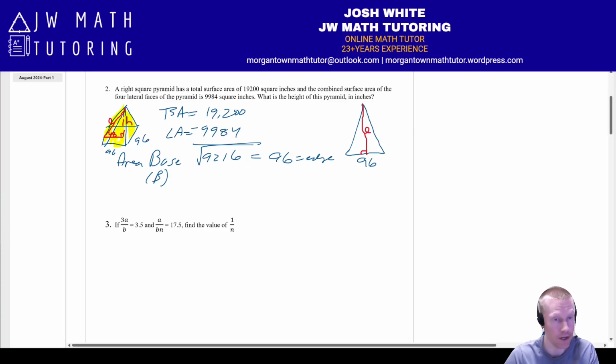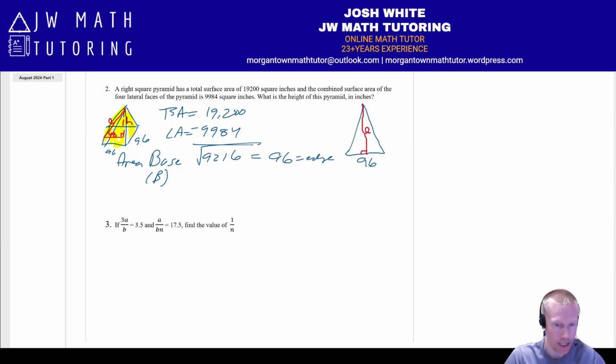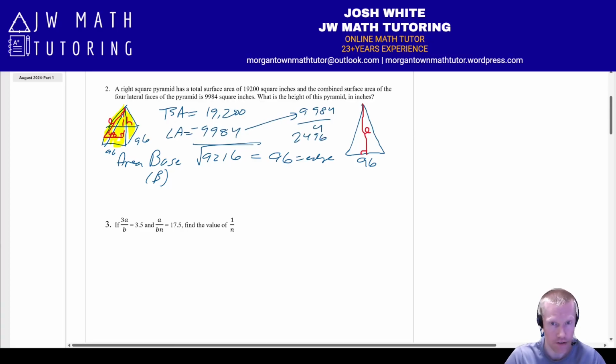In other words, it's the hypotenuse that we need to find the value of. So the way we do that is we notice the total lateral area was 9984. We divide that by 4. That comes out to 2496. That is the area of one triangular face, or you could say the area of just one triangle.